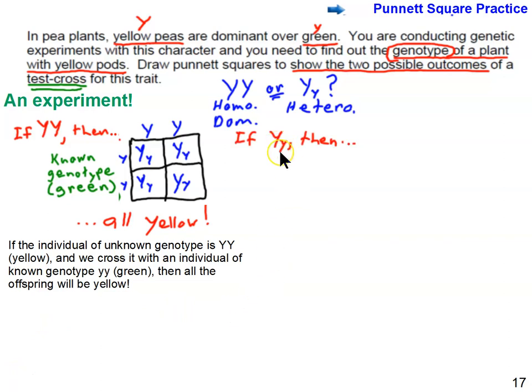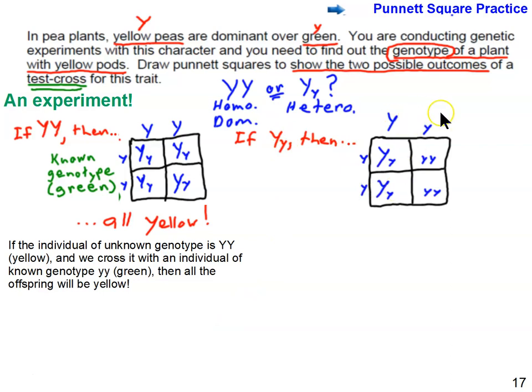If the individual is heterozygous, then the Punnett square would look like this. We're doing the same thing, crossing the heterozygous, though, in this case, with the homozygous recessive, the individual of known genotype. And these would be the results. In other words, half would be yellow and half would be green.